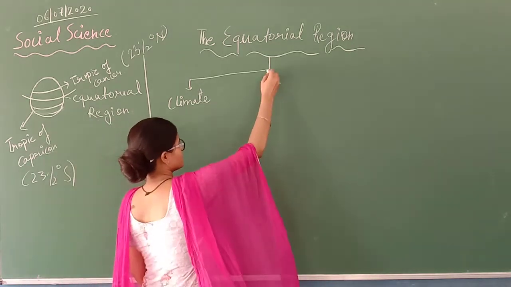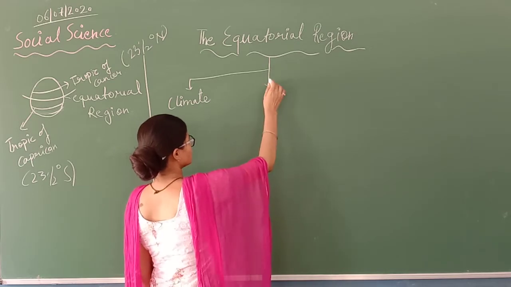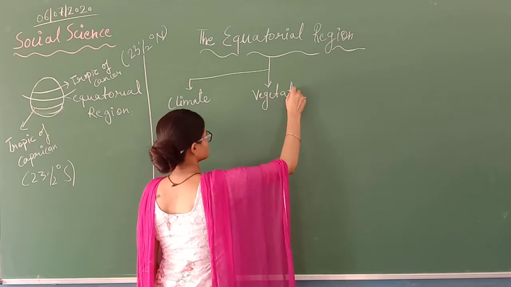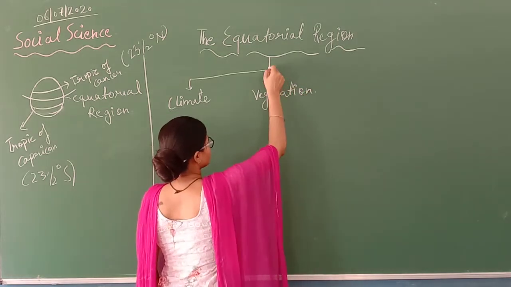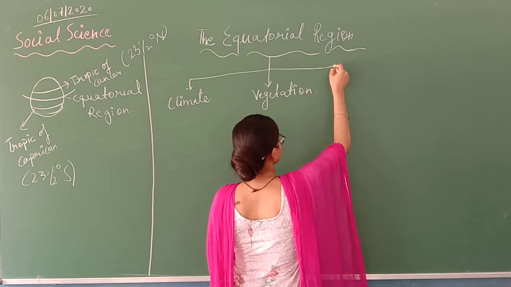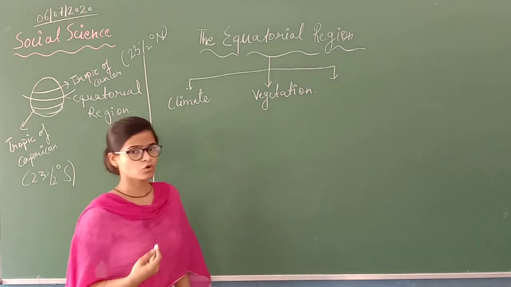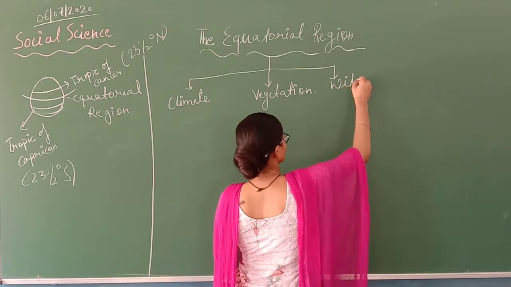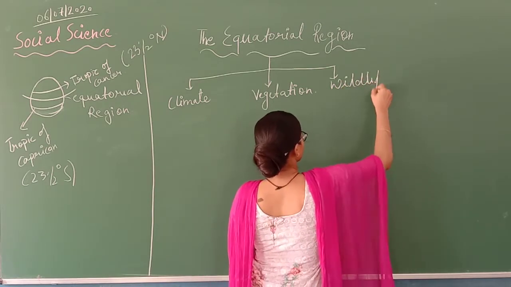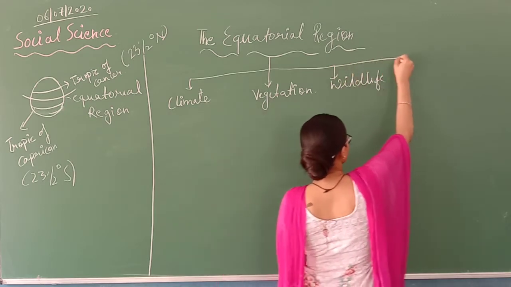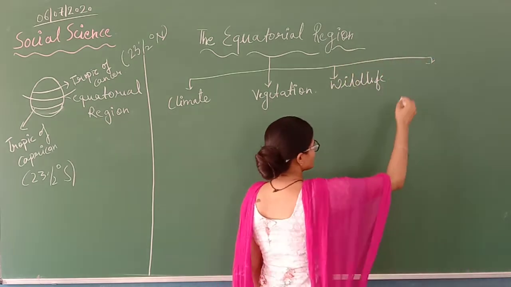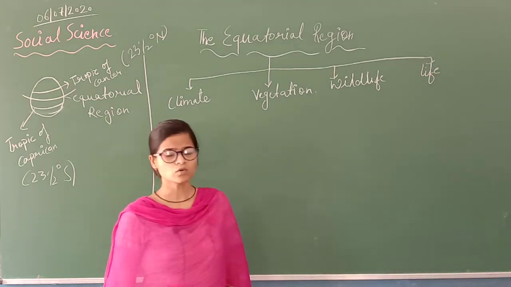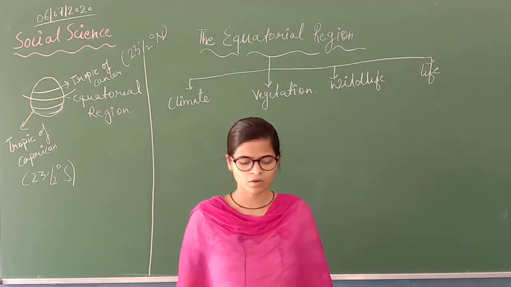Second, we will learn about vegetation, what trees, or you can say plants, are grown here. Then we will learn about wildlife, what animals are found in this place. Then we will learn about life, that means how people live here.